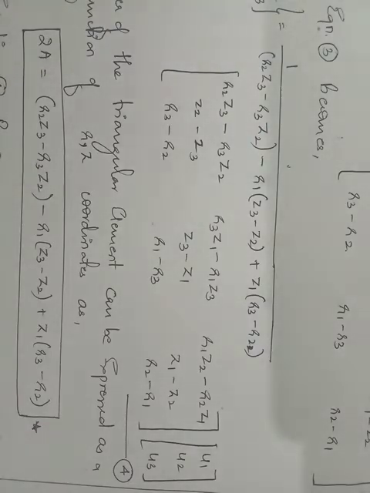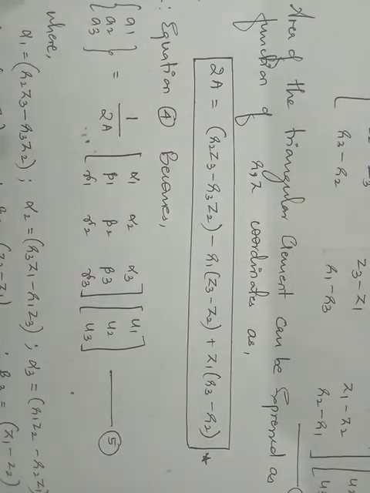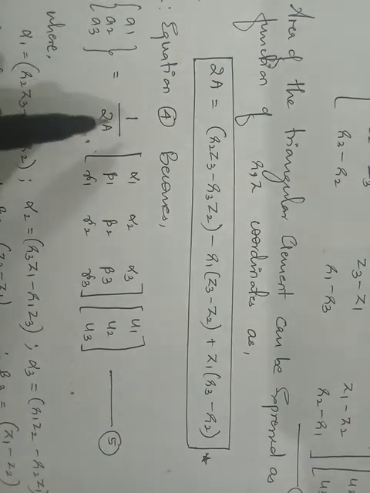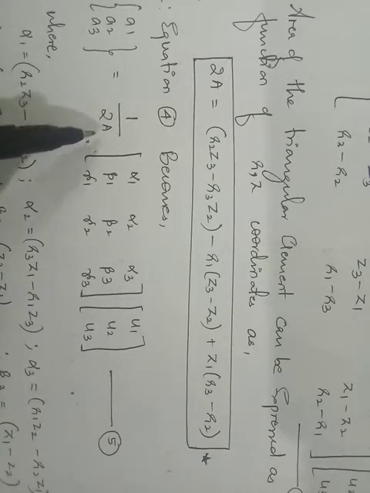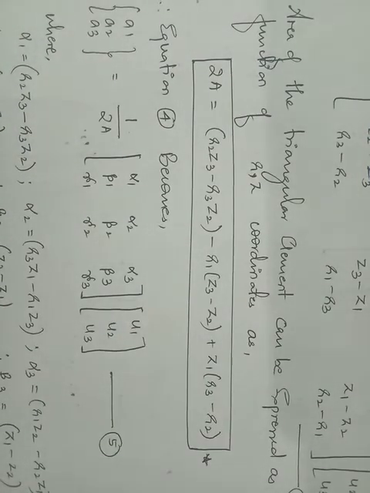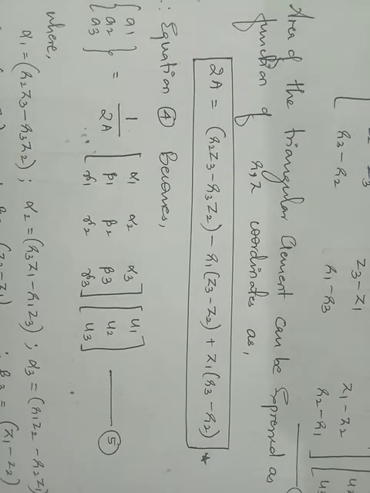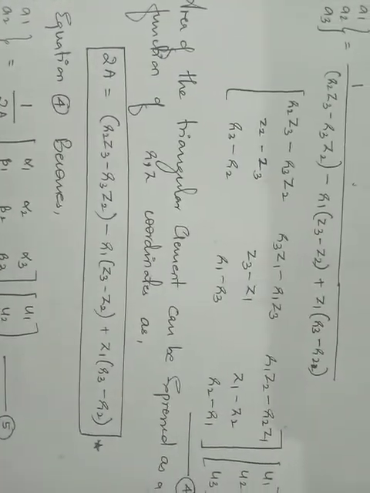Now if you substitute all those things, equation 4 becomes A1 A2 A3, 1 divided by 2A, since the determinant part is replaced by 2A, then alpha 1 alpha 2 alpha 3, beta 1 beta 2 beta 3, and U1 U2 U3, right, which is equation 4.